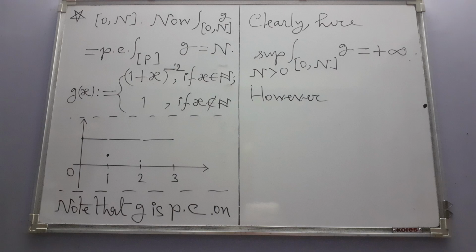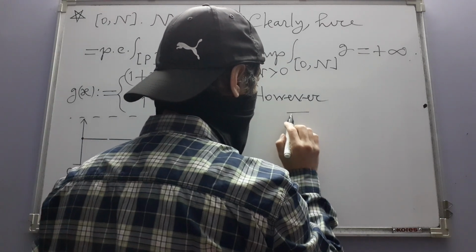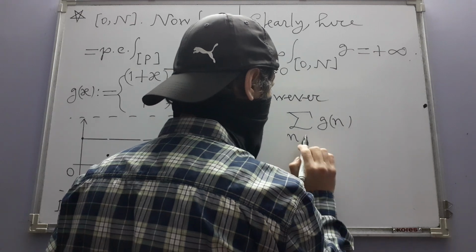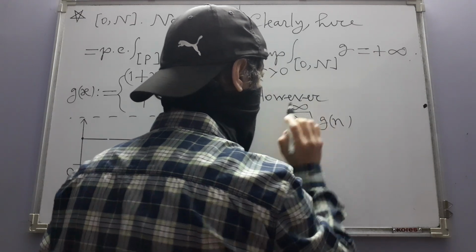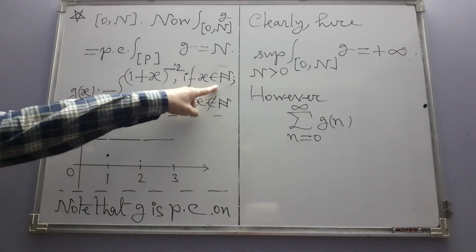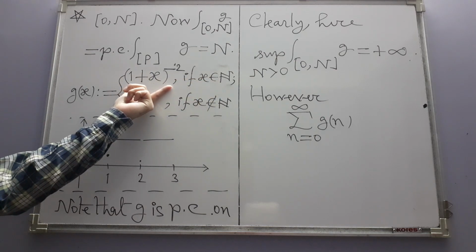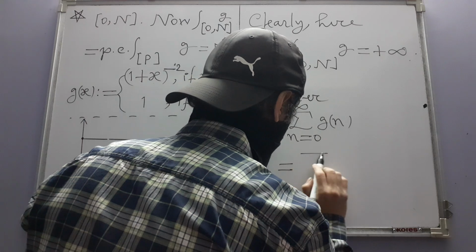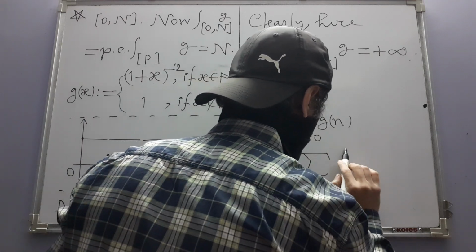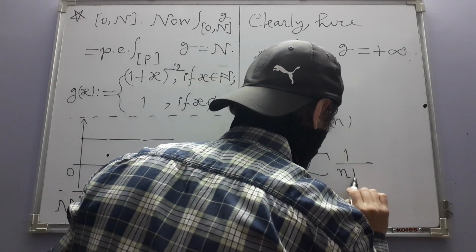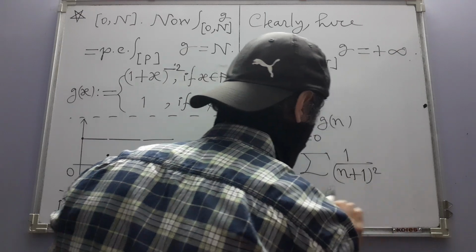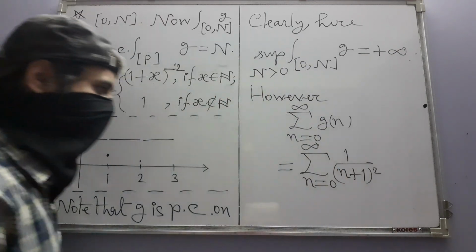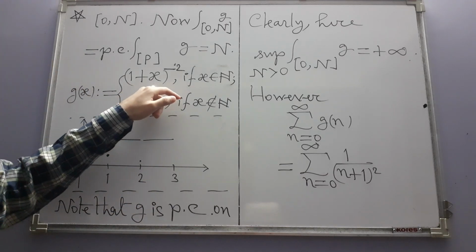what about the series? At the integers, we have this, right? That means we have not arbitrarily, carelessly defined the function g.